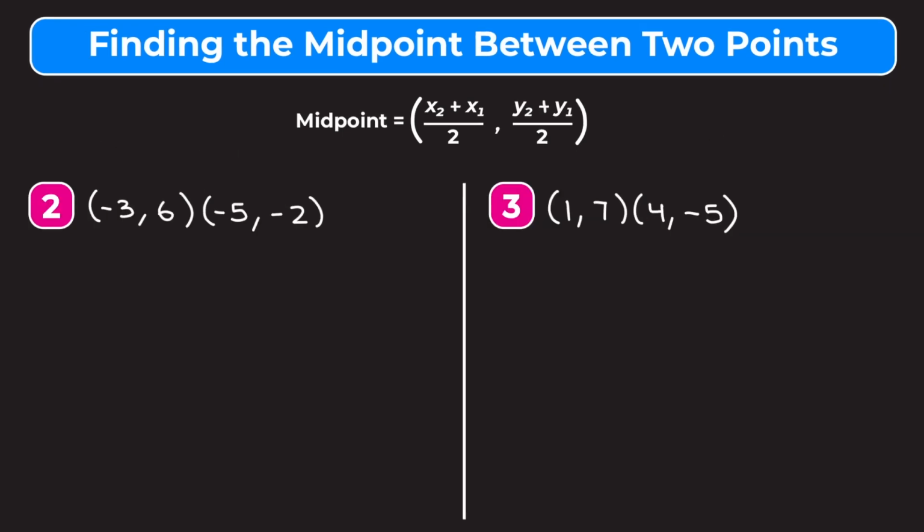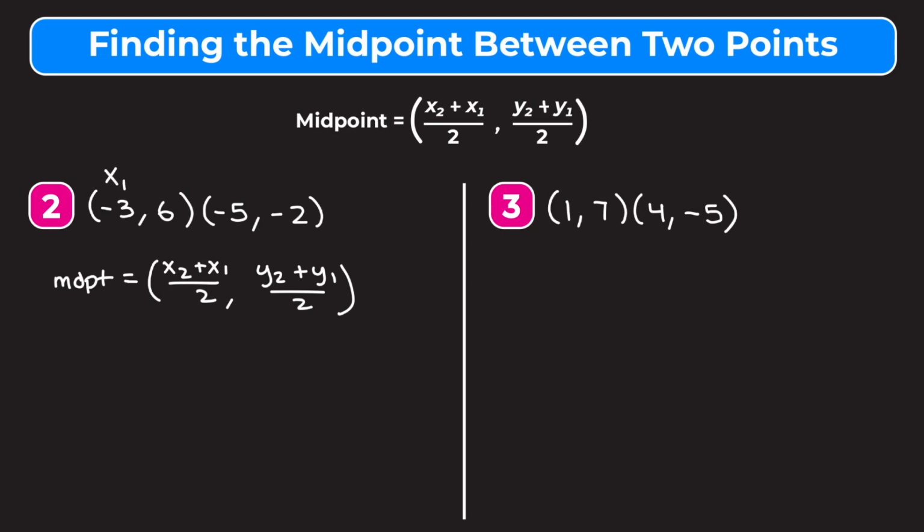So taking a look at example 2, we want to find the midpoint between the point (-3, 6) and the point (-5, -2). So I'm going to use our formula. So I'm going to write our formula as midpoint is equal to (x2 plus x1) over 2, (y2 plus y1) over 2. And I'm going to label our points.